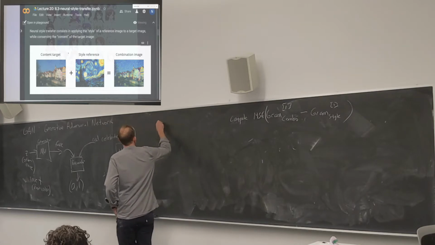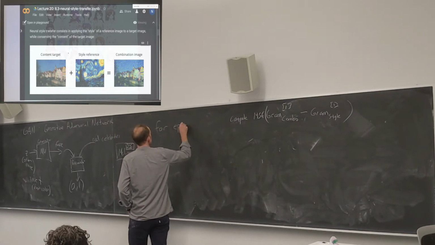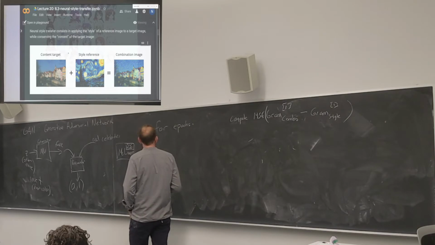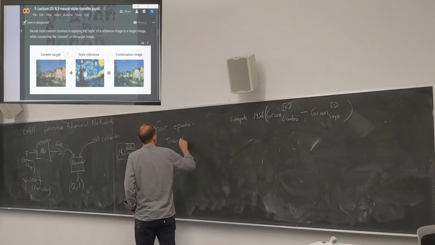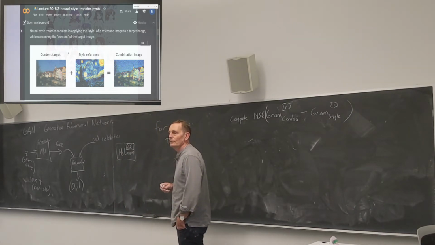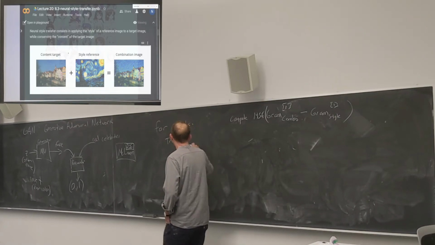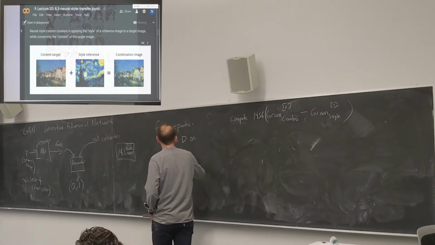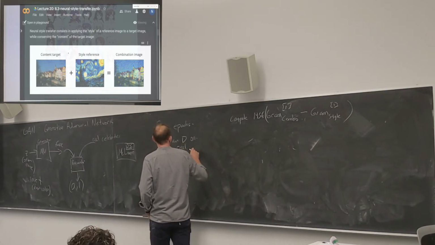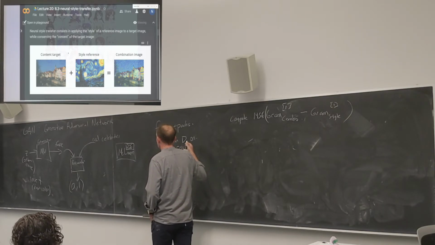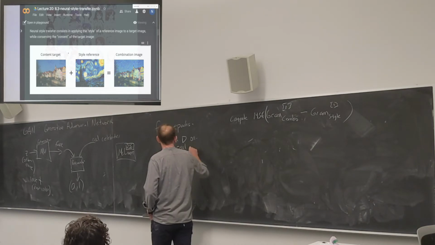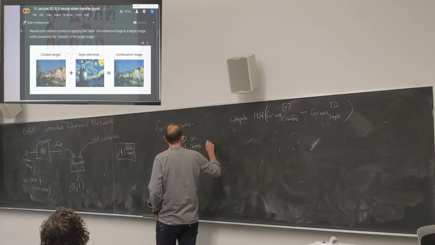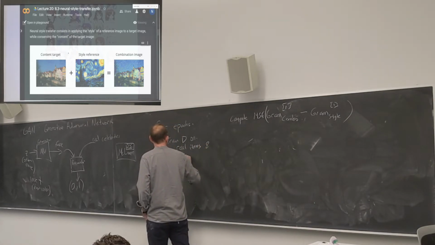So we're going to, for some number of epochs, train the discriminator on real items and fake items.